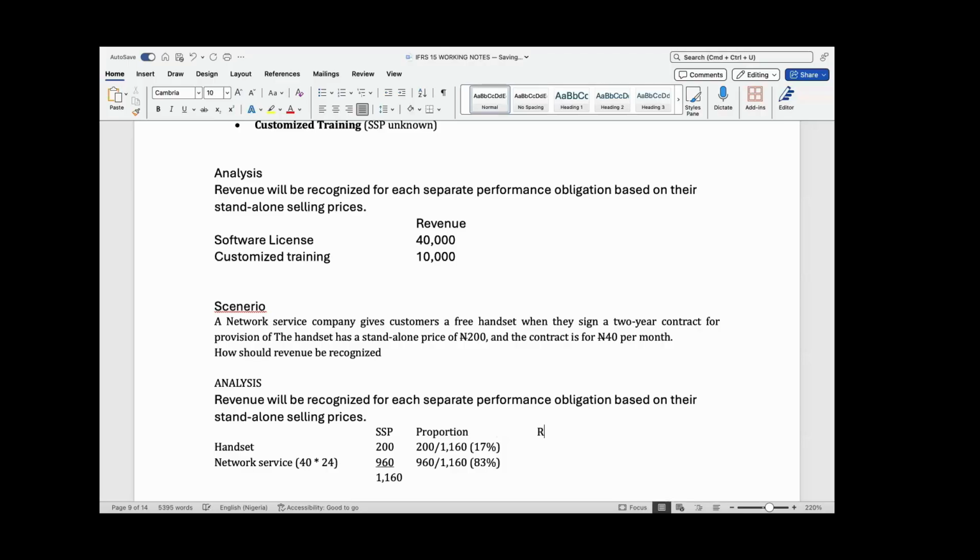So the revenue that you recognize for the assets will be 17% times what? Who can tell me? How much is this guy receiving from this deal? 960. Thank you. That's the money they are collecting. That's what we are sharing. And 83% times 960. So how much revenue is he recognizing for each of them? 163 for the first one.